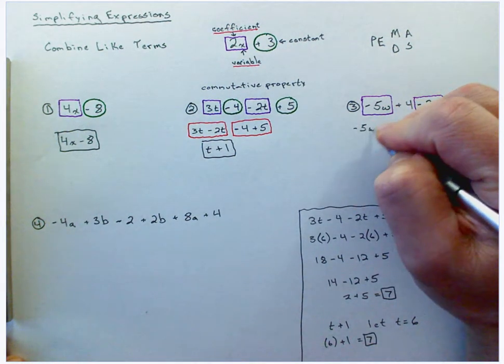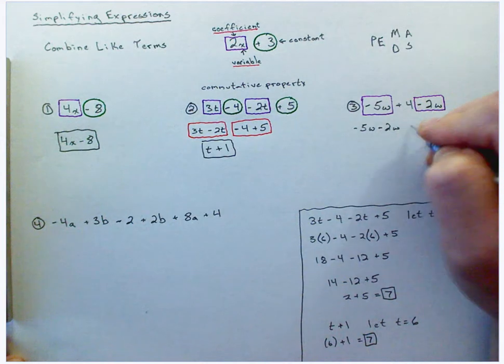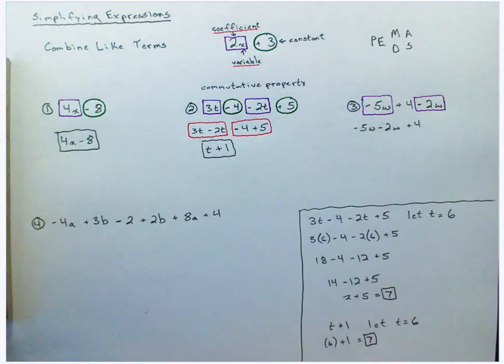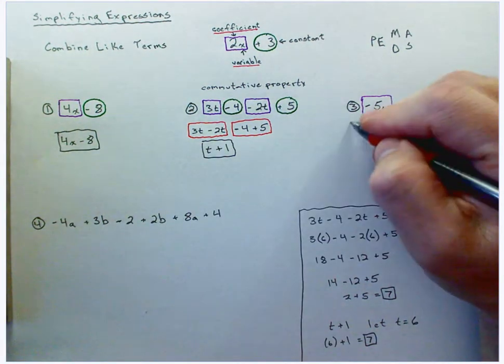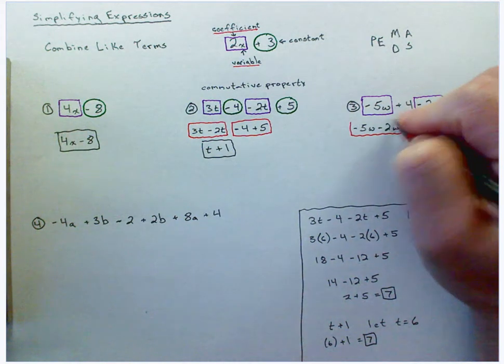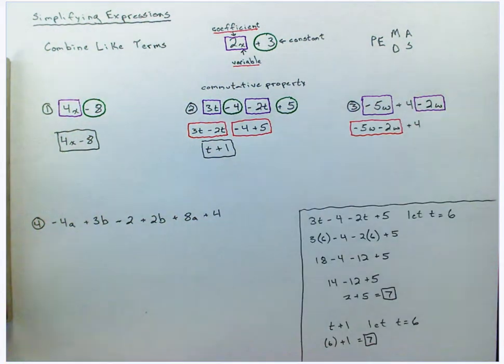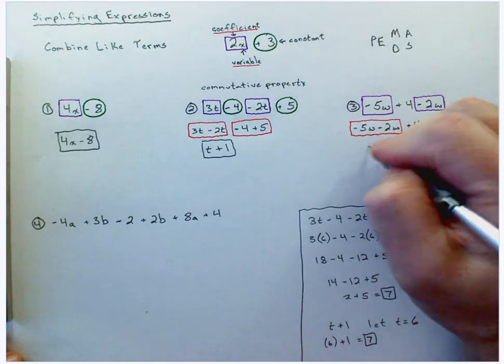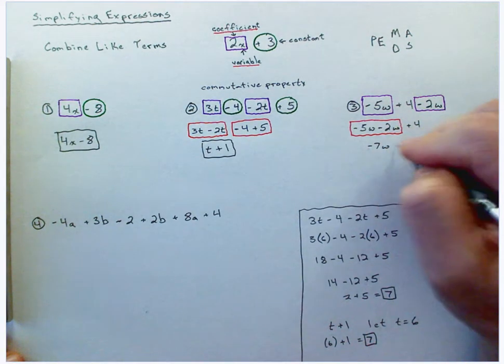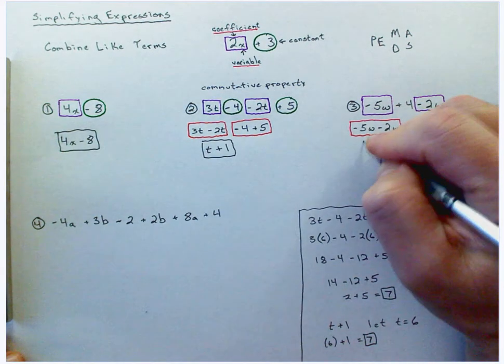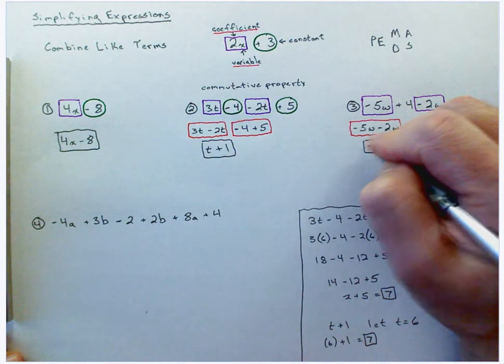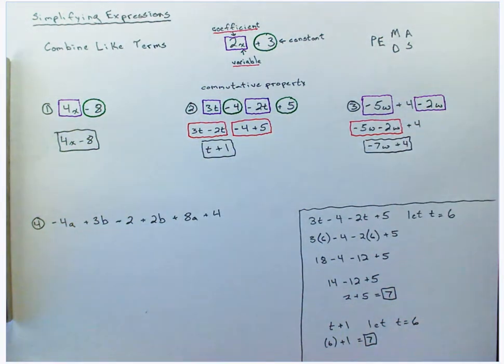I'll say a negative 5w minus 2w plus 4. This is the only math that I have to do in here. And I will say a negative 7w plus 4.